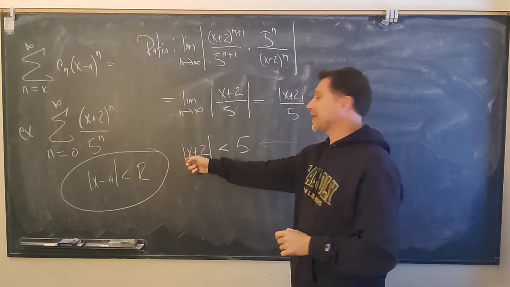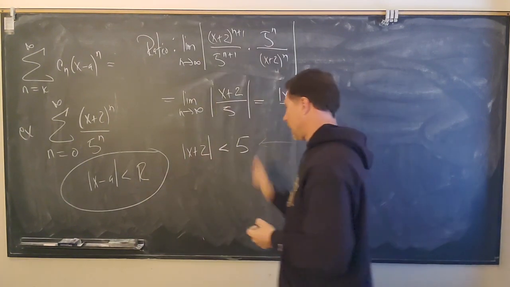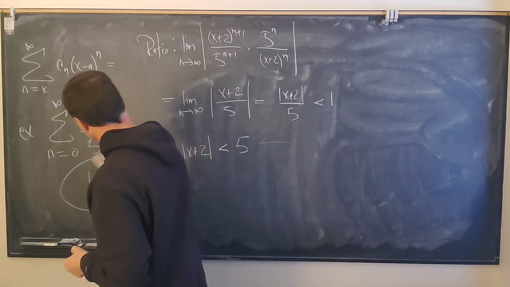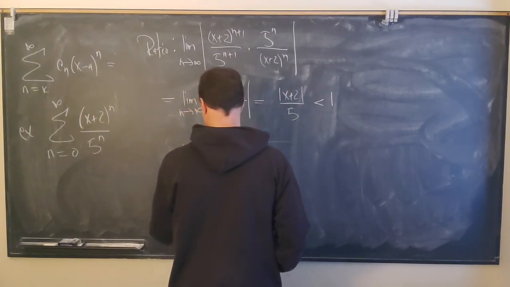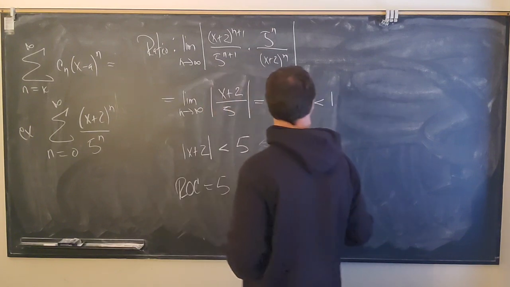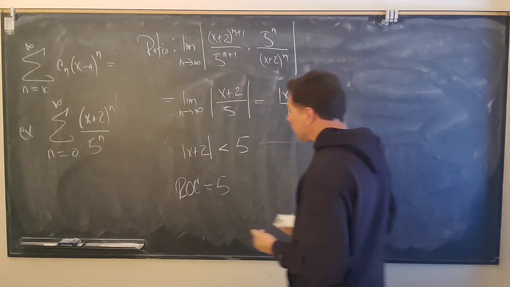So here we have the absolute value of x minus -2 less than 5. So the radius of convergence is 5.